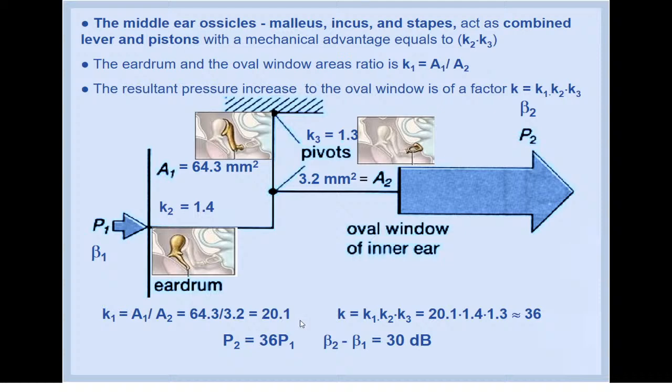And the resultant pressure increase at the oval window is by the factor of this product. It is around 36 times.